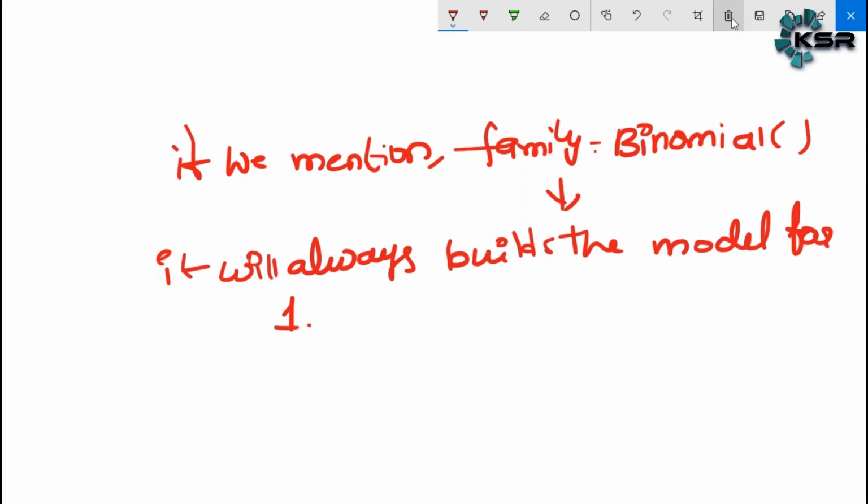For example, if 1 says not buying, then there is a 90% chance they are not buying the product.